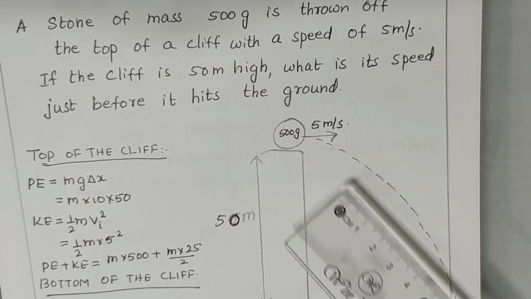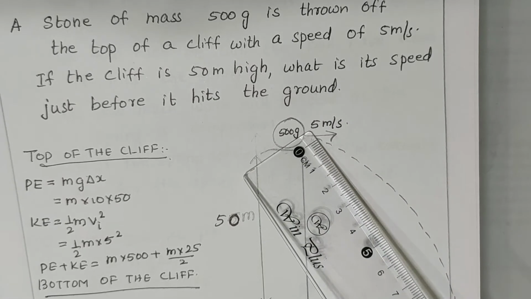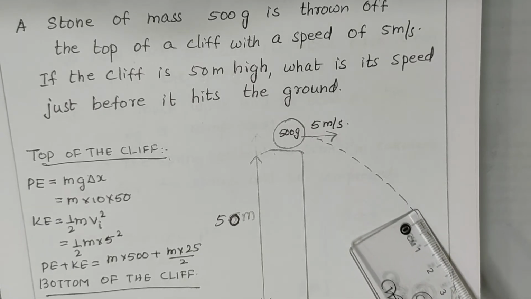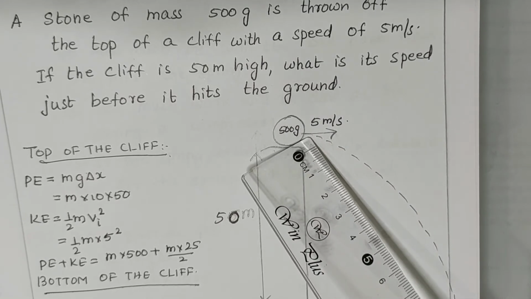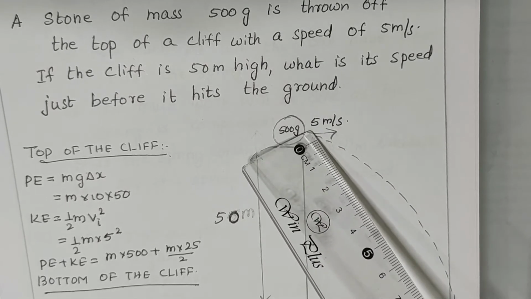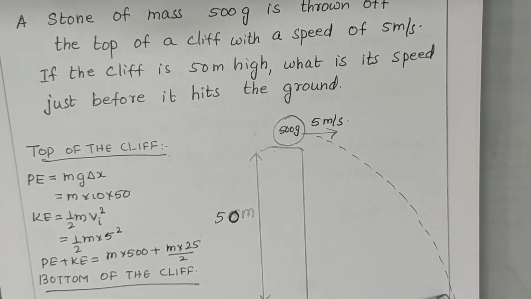This is the case of a horizontal projectile. So this object is following a parabolic path, and just before it touches the ground, its energy is fully kinetic. Its potential energy has been completely converted to kinetic energy.